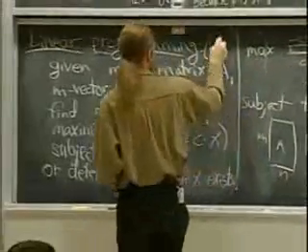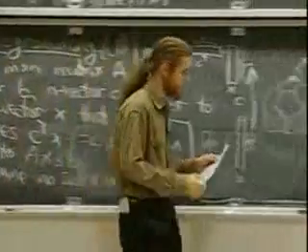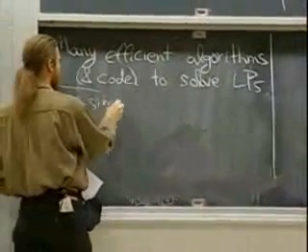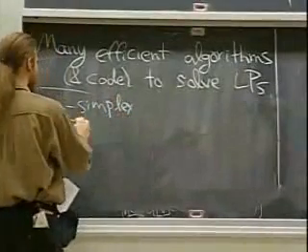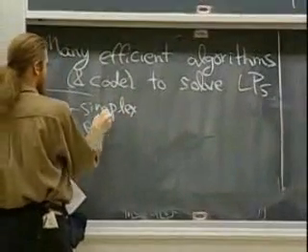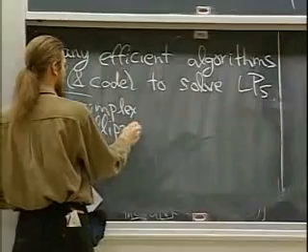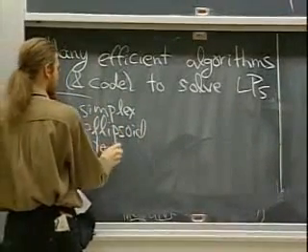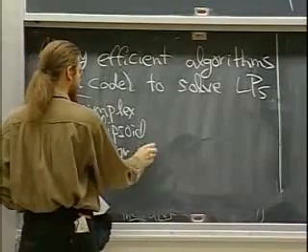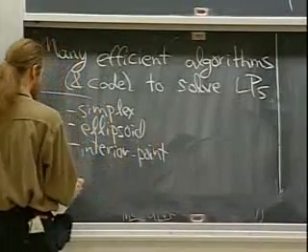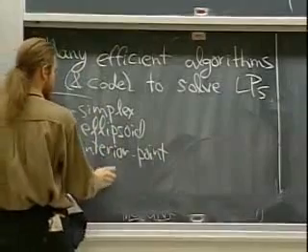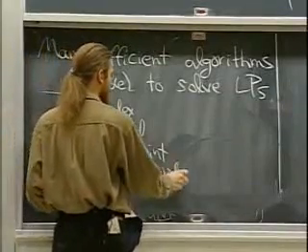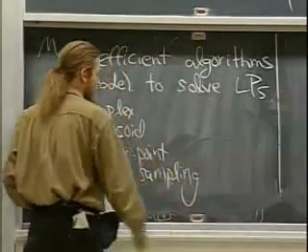Linear programming is usually called LP. And I'll mention a few of them. There's the simplex algorithm. This is one of the first. There's the ellipsoid algorithm. There's interior point methods. And there's random sampling. I'll just say a little bit about each of these, because we're not going to talk about any of them in depth.